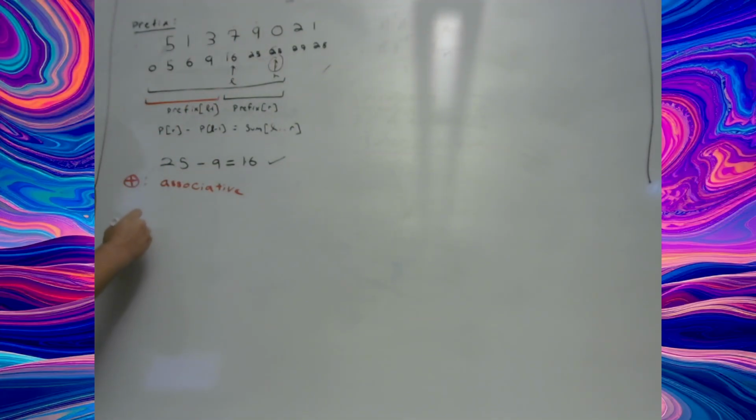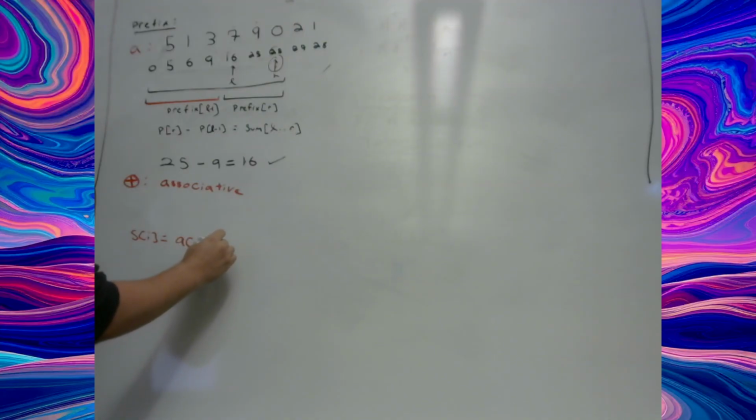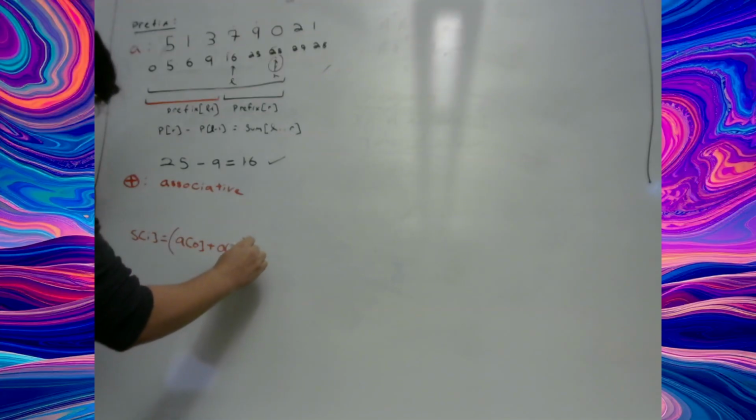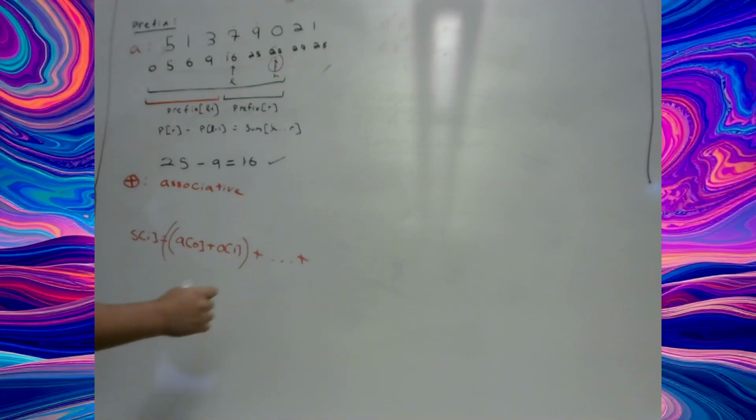Why? Because if we want to do this prefix idea in general, then what we're really saying is that the sum at I, let's call this A, is equal to A of 0 plus A of 1, parentheses, plus parentheses, dot dot dot, plus A of I. So when we do our rolling, this is called a fold.